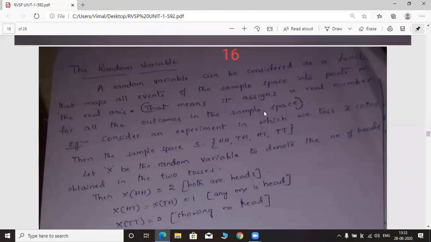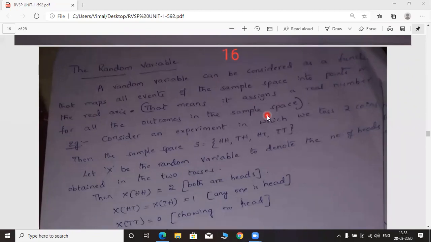What is the definition of sample space? Sample space means the total number of possible outcomes in a random experiment. If you consider a random experiment, it may consist of any number of possible outcomes.